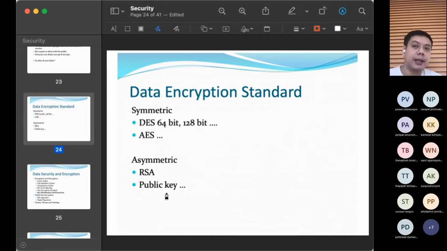Why is this important? Every time you do online shopping, every time you do a digital transaction, they use all of these. Why do we need to use an asymmetric key? Simple. One of the most important problems is that you're not really able to exchange the key with the person you want to talk with.